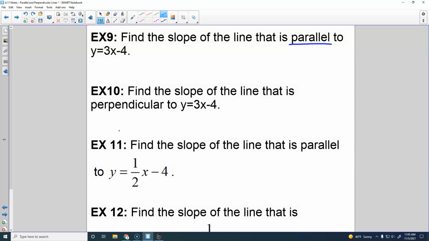So, in this particular case, Presley, what is the slope of the line that's parallel to this line? Negative 4 is going to be our y-intercept. So it's going to be 3. And it's only asking for the slope, so that's all we got to tell.